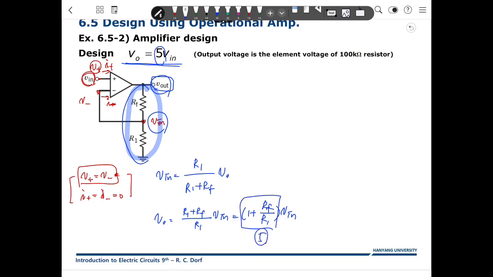So we design this to be 5. Then what should we do? RF over R1 is 4, so RF is 4 times R1. So if R1 is 10 kilo ohms, then RF will be 40 kilo ohms. This is 10 kilo ohms, this is 40 kilo ohms. Then you can get the proper design values over here.